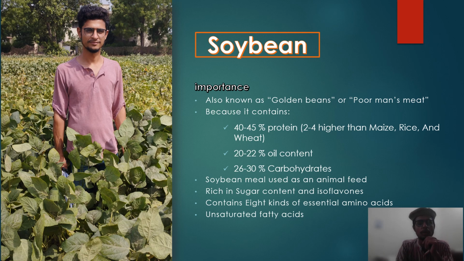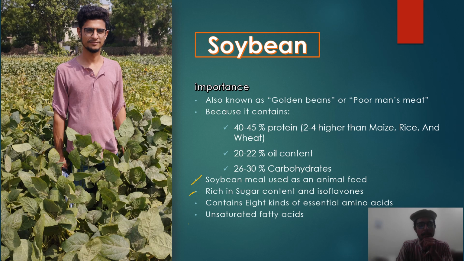We also call this crop a wonder crop because of its composition. Among its other uses, soybean meal is used as animal feed. It is rich in sugar content and contains eight essential amino acids that the human body can't synthesize itself.